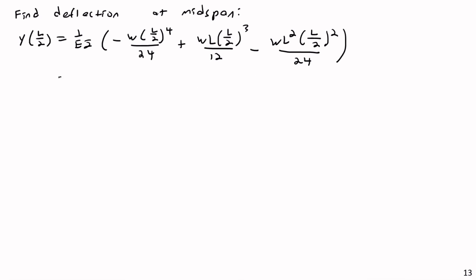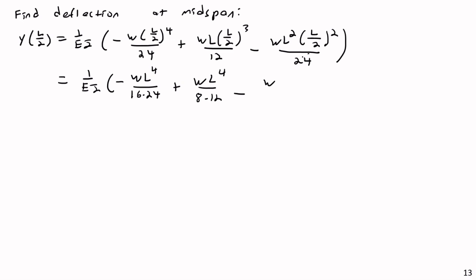And let's go ahead and simplify this, 1 over EI, so we can get that final value that we've been hunting after for quite a while. I'm going to expand this and get negative W; the numerator will be L to the 4th, and the denominator will be 16 times 24. Then plus W, that's going to be L to the 4th as well, and 2 to the 3rd is 8, 8 times 12.